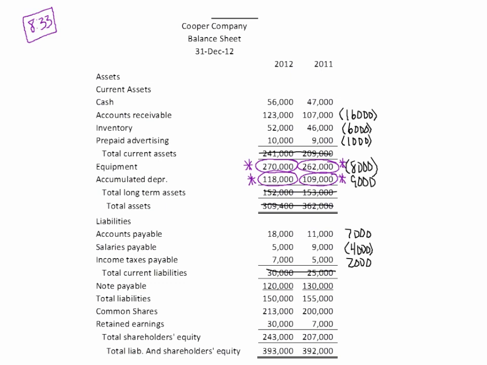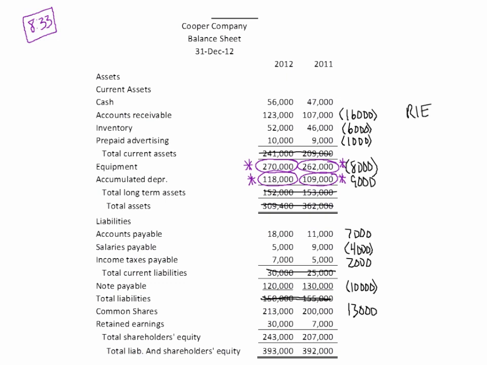Note payable is a negative $10,000. Then total liabilities is toast. Then I've got common shares, 13,000 positive. Retained earnings. Can somebody tell me what the dividend was?